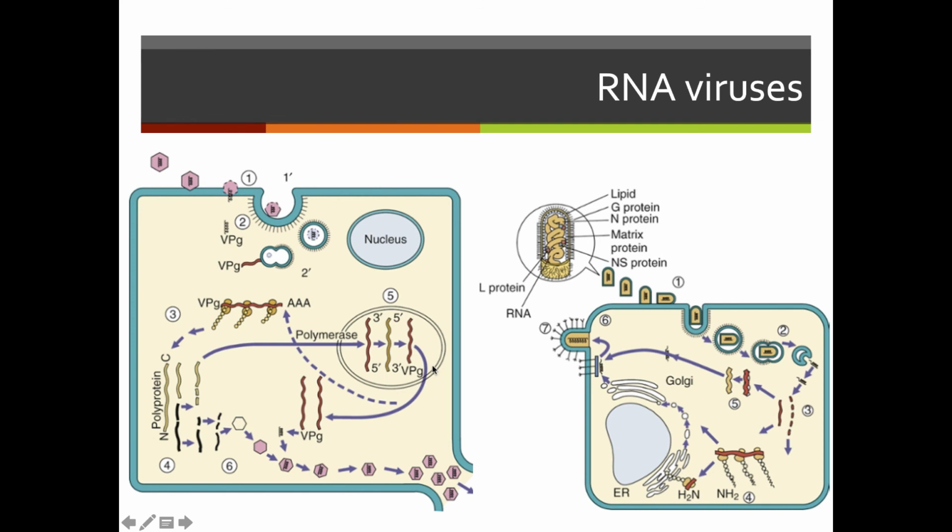RNA viruses are going to be a little bit different. Again, I know this is a complicated figure. All I really want you to focus on at this point is that we totally avoid the nucleus. So RNA-based viruses will stay in the cytoplasm of the cell, again, with very few exceptions.